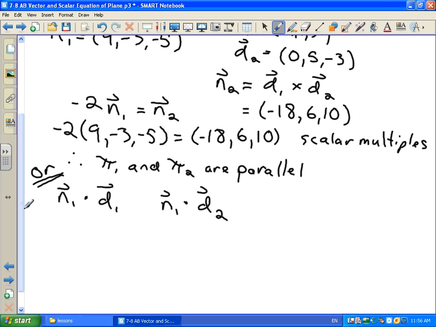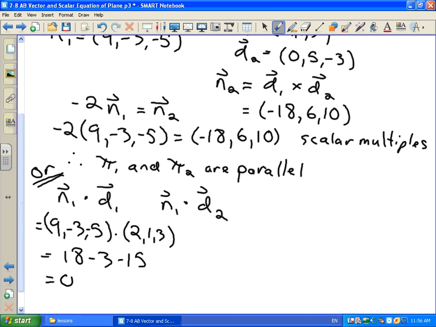So if we do that, our normal is 9, negative 3, negative 5. If we dot this with our first direction vector, which is 2, 1, 3, lo and behold, we get 18 minus 3 minus 15, 0.